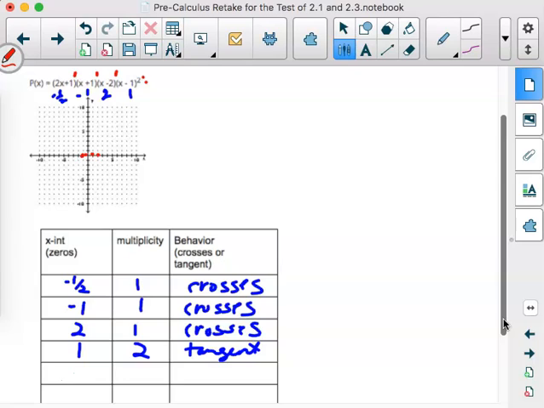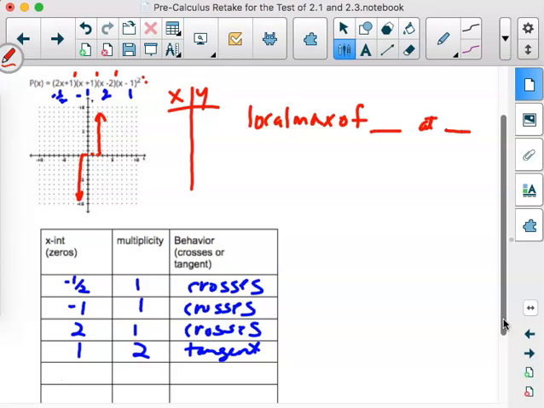So we know that this is going to be almost straight down and this is going to be almost straight up, because that's the end behavior. But what we don't know is how far up, how far down everything is going to go. So what we have to do is figure out where those local maxes and local mins are. And it turns out there are 2 of each.